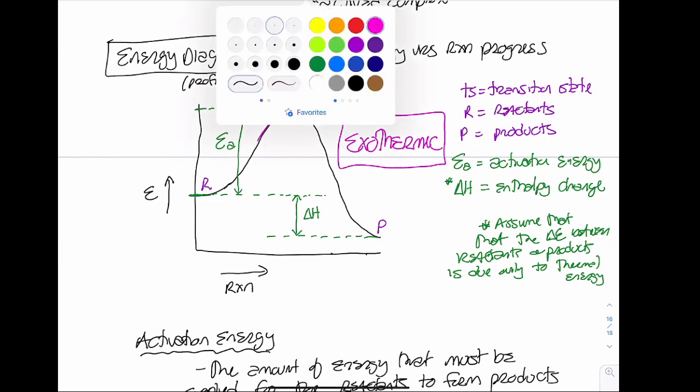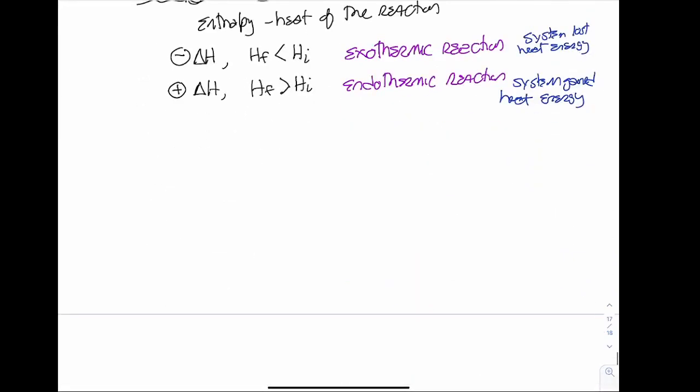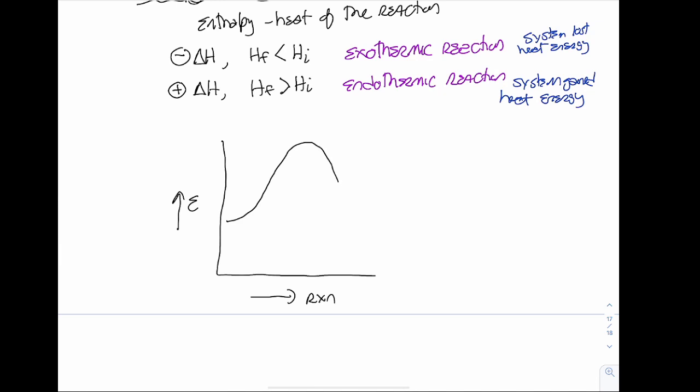Okay, let's look at an endothermic one. So energy is increasing, reaction proceeding. I'm just arbitrarily picking reactants up to my transition state. And then this time I want my product energy to be higher than my reactant energy. Labeling all of this: still my reactants, still my transition state, still my product.